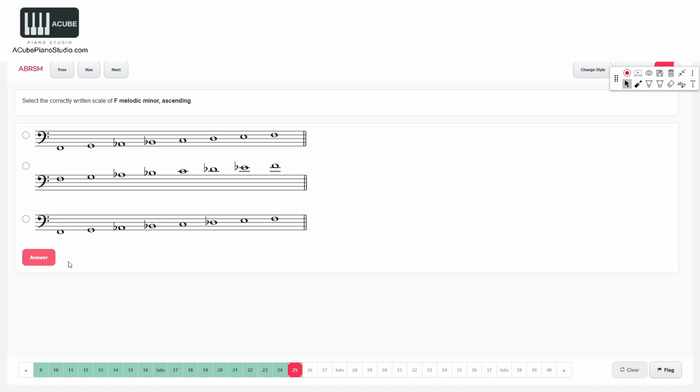Moving on to this, select the correctly written scale of F melodic minor ascending. So again, refer to the key signature chart that you have written. For F minor, you have these in the key signature, right? Because it is melodic minor and is ascending, your 6th and 7th notes should be sharpened.